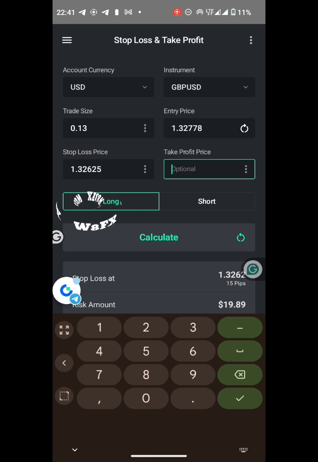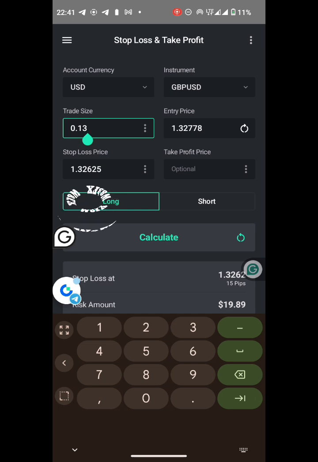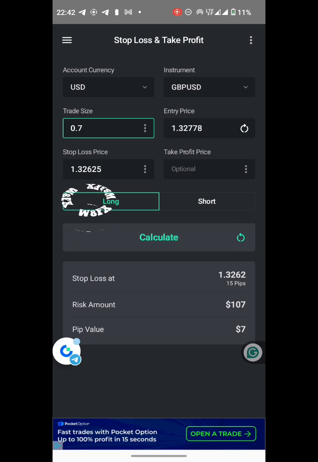So we are going to open 2 positions, and we are going to divide our risk per trade into 2. That means we are taking partials. So instead of risking 20 USD on one trade, we are going to risk 10 USD. So here we are going to divide it. 13 divided by 2 should be around 6 or 7. This is 7.